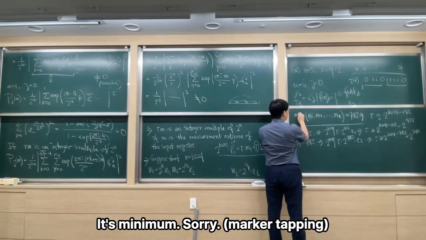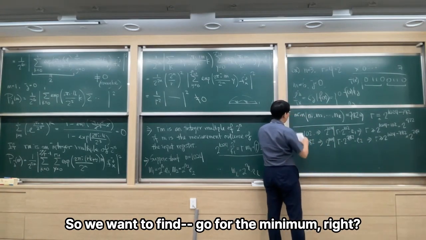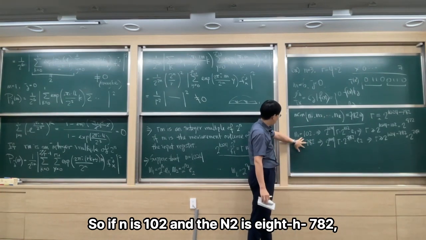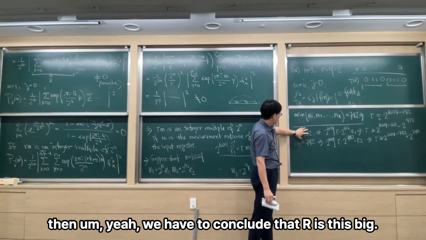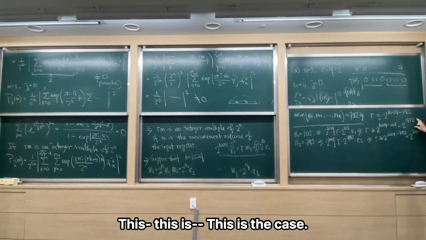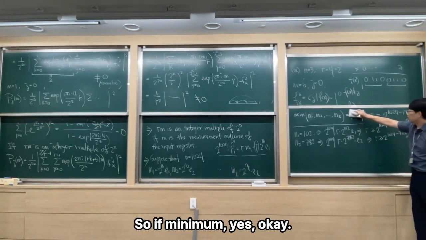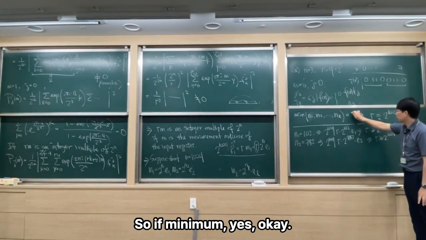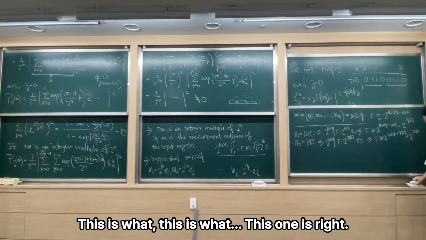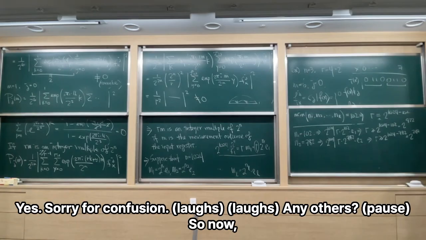So it's a minimum, sorry. So we want to go for the minimum, right? If n is 102 and n2 is 782, then we have to conclude that R is this big. This is the case. So if you take the minimum, yes, 102. So this is what this one is. Sorry for the confusion.